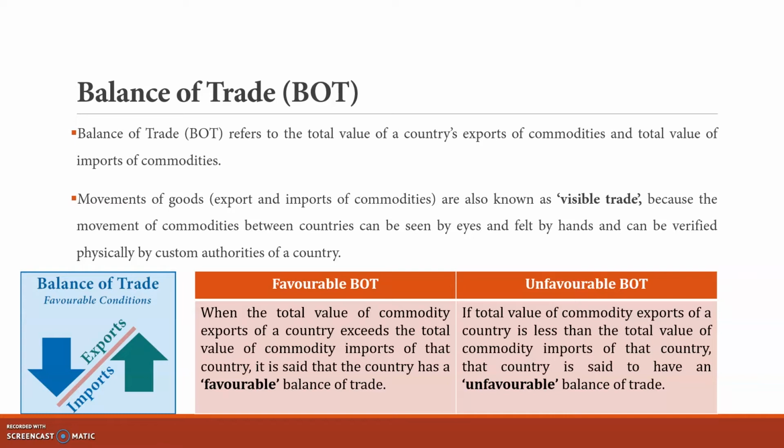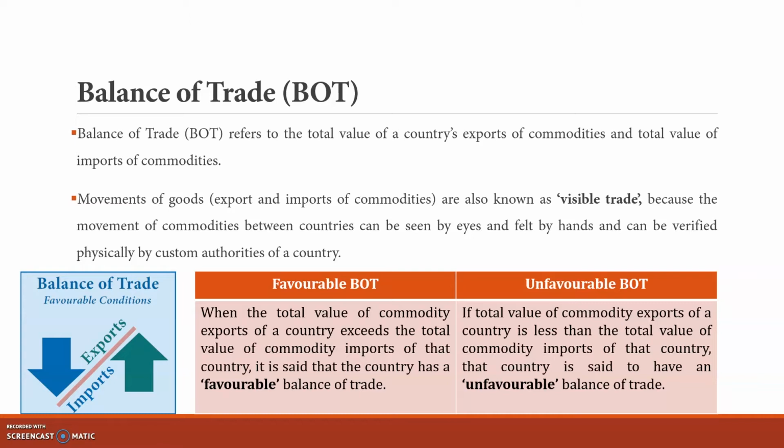Because the movement of commodities between countries can be seen by eyes, how much we are exporting and how much we are receiving, and felt by hands and can be verified physically by the customs authorities of a country. So all the goods will be checked before they enter the nation. That is called the physical visibility of the commodities.